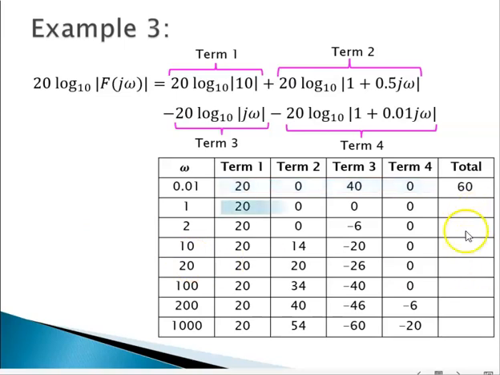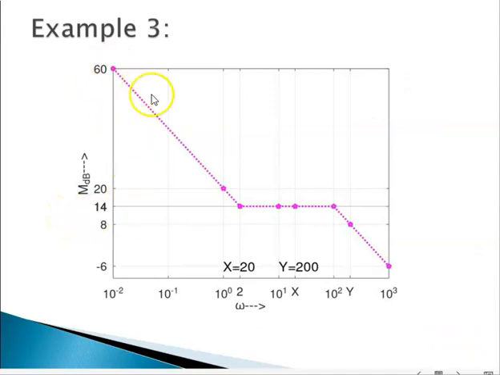So sum all these, you get 60, sum all these, you get 20, sum all these, you get 14, and then 14, and this also 14, this also 14, this is 8, and this is minus 6. Now you draw the magnitude plot to show this along the log axis, this along the other linear axis. The plot comes out like this.